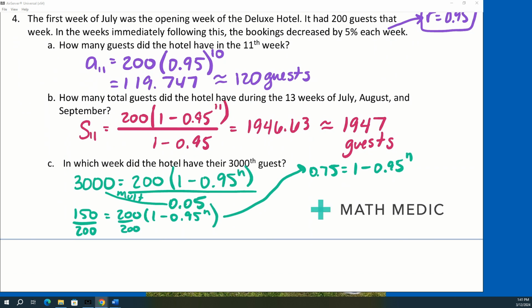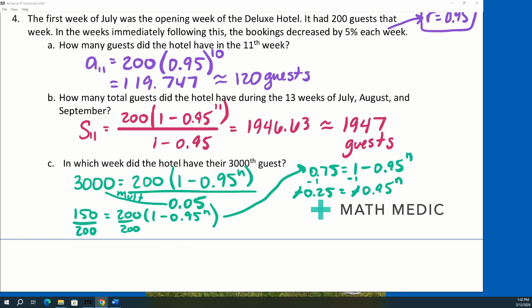All right, what would you guys do with that 1? Yes, subtract it. All right, so anytime you have a negative equals a negative, you can just drop off the negatives. It's like dividing by -1. That's fine.